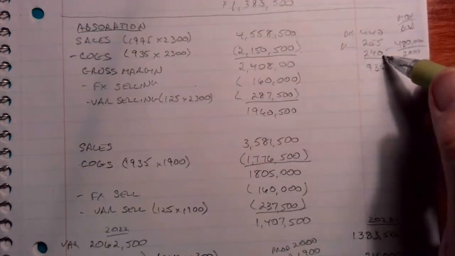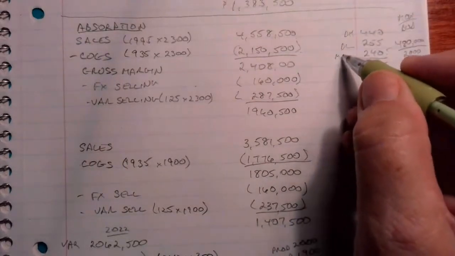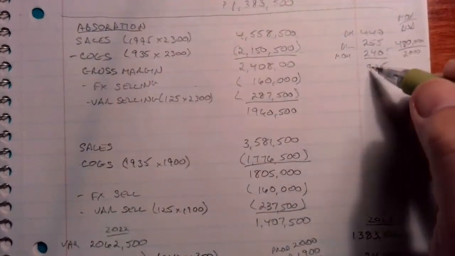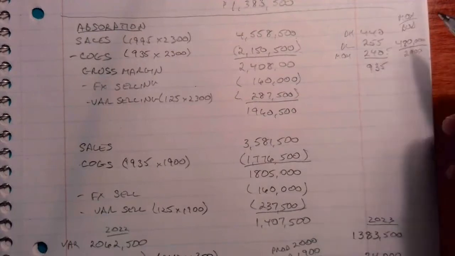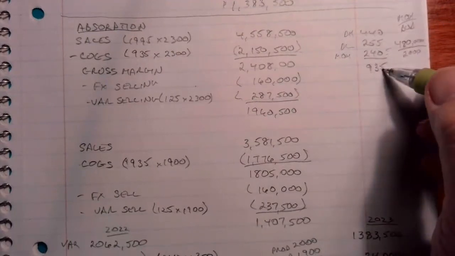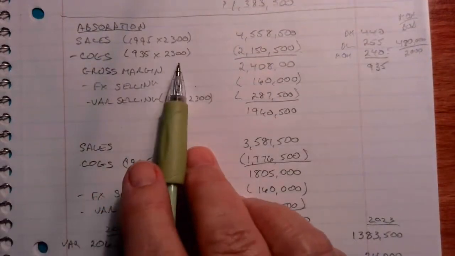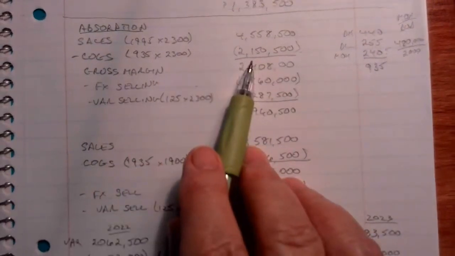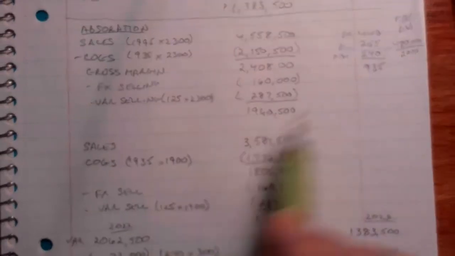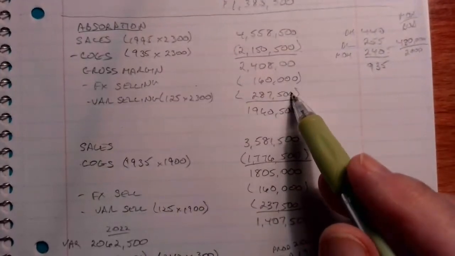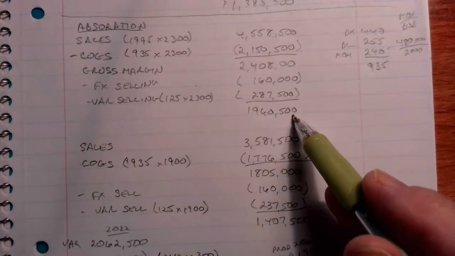That gives us $240 for MOH, for allocated overhead. So our cost per unit for absorption costing is $935. So then $935 times the units sold gives us $2155. I've got fixed selling and variable selling, so my income is $19,600.